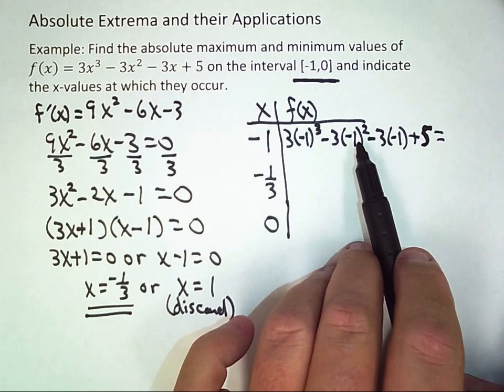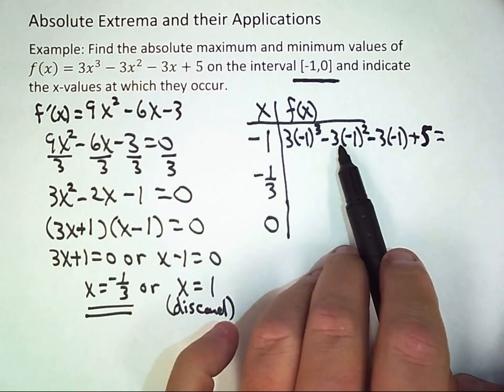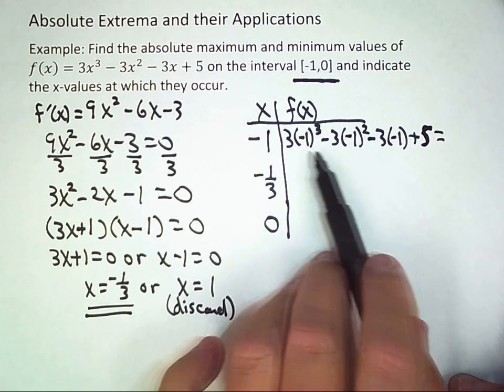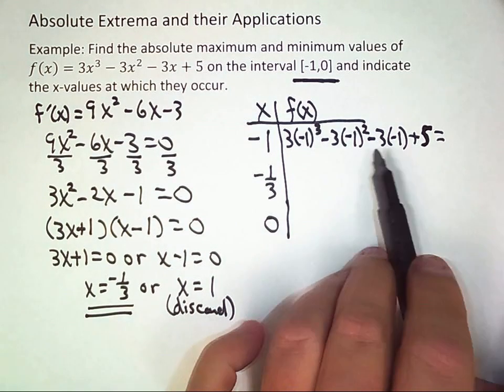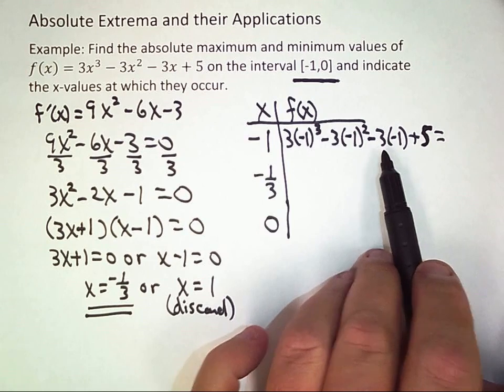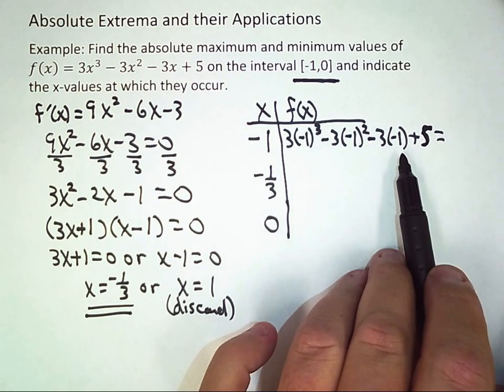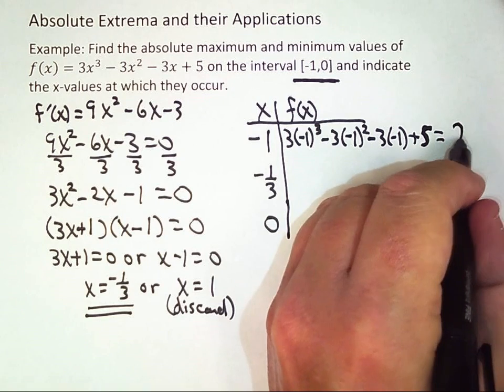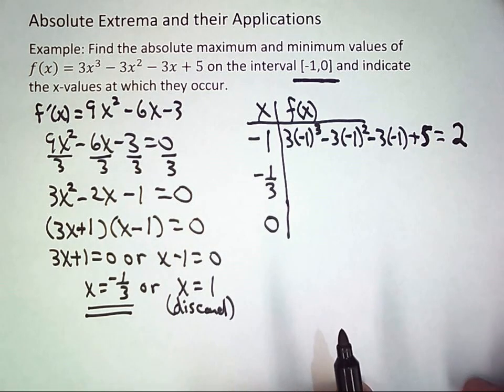Squaring a negative is going to be positive, but it's multiplied by a negative, so it's going to end up negative. So you're going to end up with -3 minus 3, which is -6. But those two negatives make a positive 3, so you get -6 plus 3 is -3, and -3 plus 5 is 2. Now you may want to take a little more time and check that arithmetic.